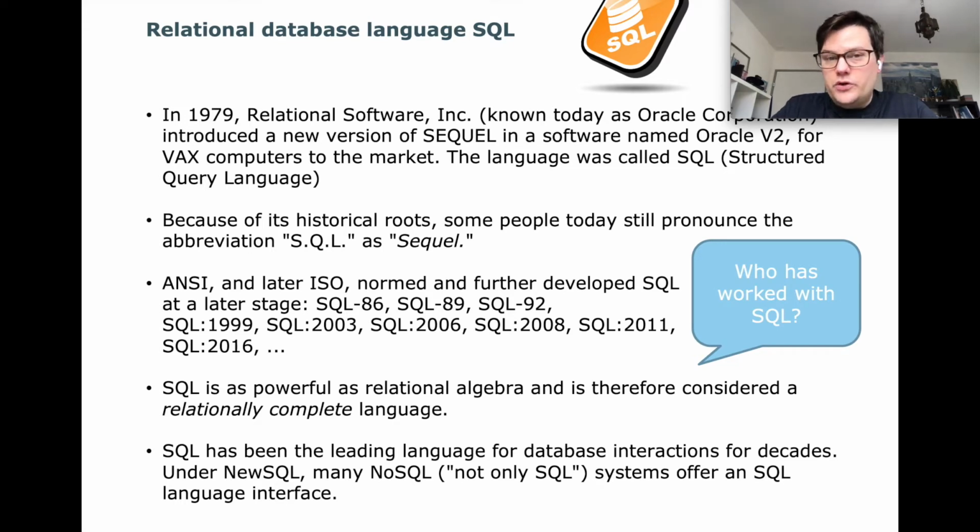They introduced a new version of SQL in a software that was called Oracle. It was published for VAX computers, and the language was now called SQL, Structured Query Language. But because of these historical roots, some people today still pronounce the abbreviation SQL as SEQUEL.